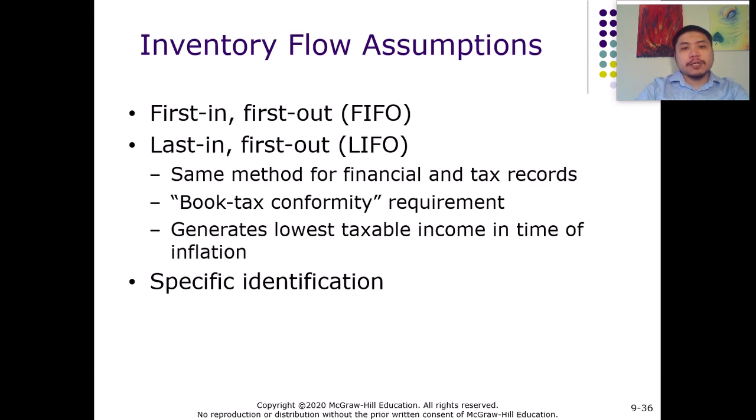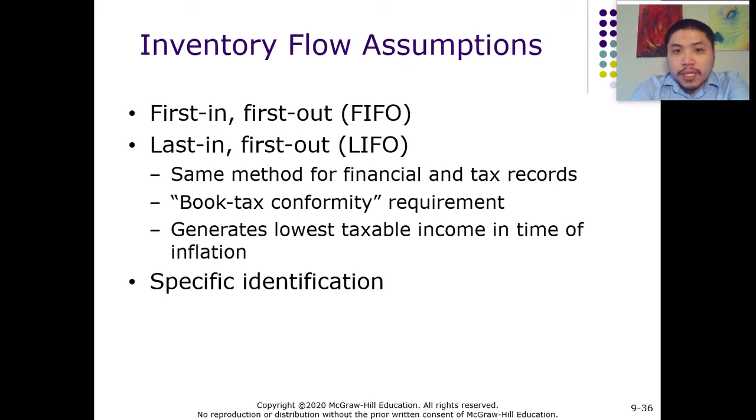So next, let's talk about inventory flow assumption. We are probably very familiar with this kind of assumption by now, right? So we know first in, first out, last in, first out, right? FIFO, LIFO, and then there's specific identification. For book purpose, or for financial reporting purpose, we know that businesses can choose one of the three methods.